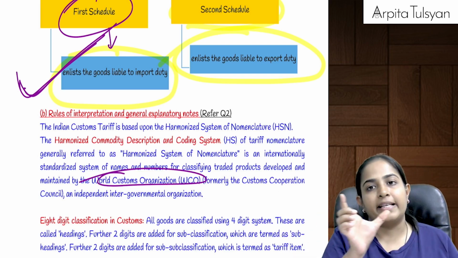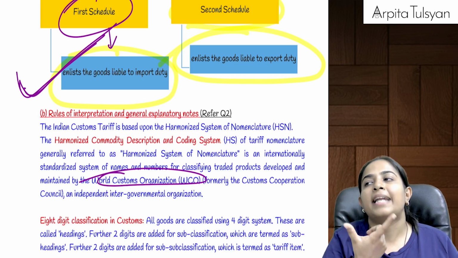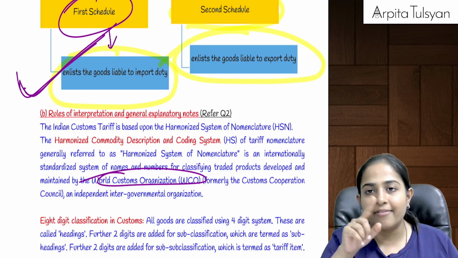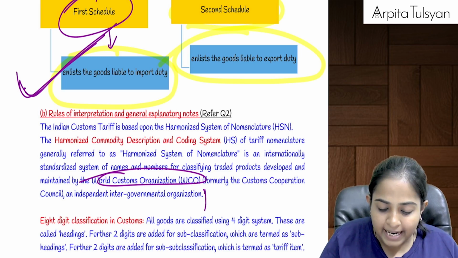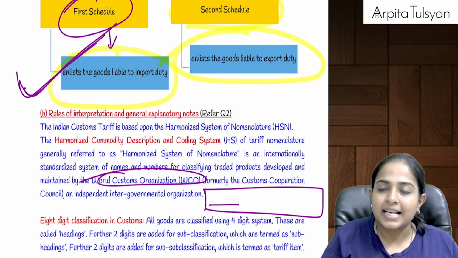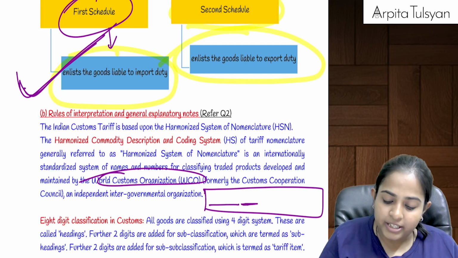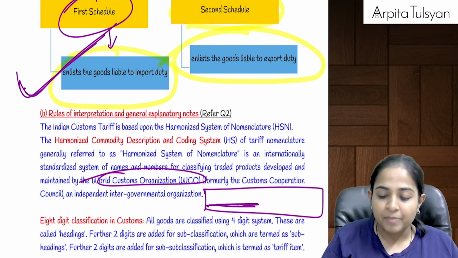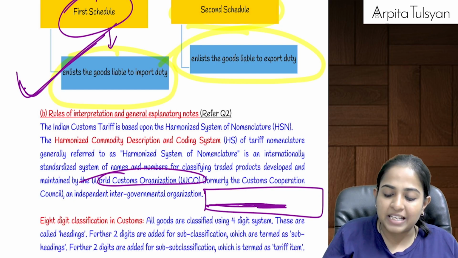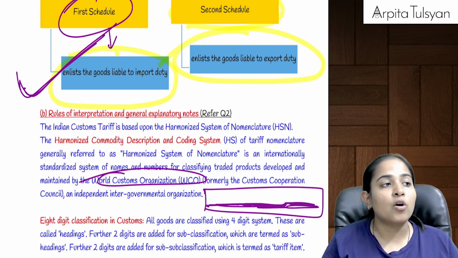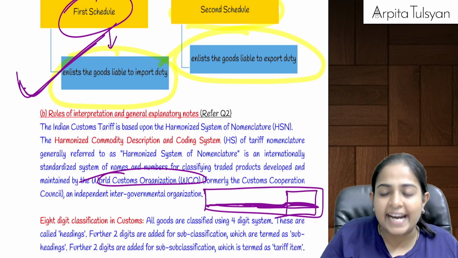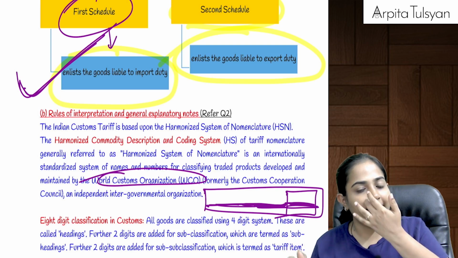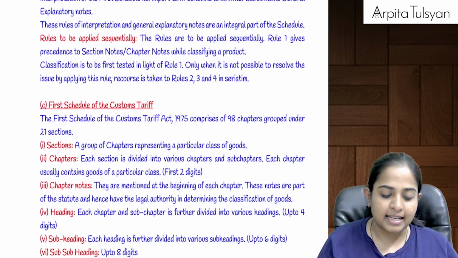In this HSN, the tariff item is given in 8 digits in total. The first two digits are the chapter number. The next two digits make the heading, then the next two digits are the subheading, and the last two digits are the sub-subheading. When we go up to 8 digits, we finally get the rate of tax.